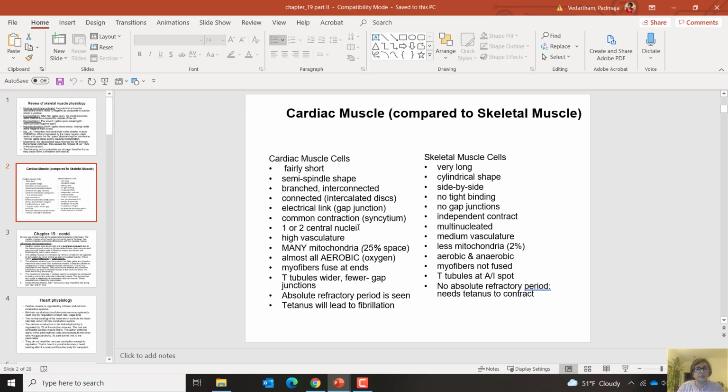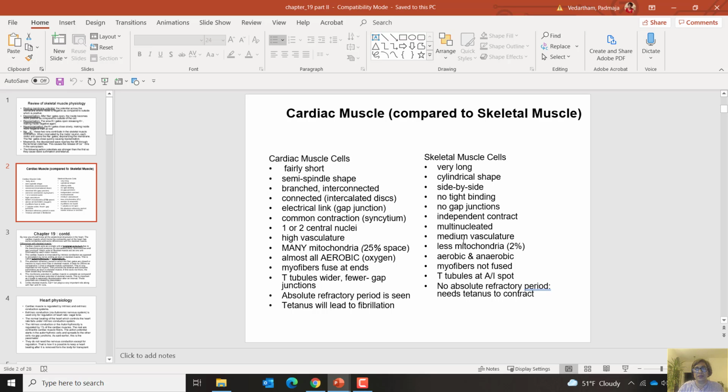Cardiac cells have 1 to 2 central nuclei, while skeletal muscle is multinucleated. Cardiac muscle is highly vascular, meaning that every cell has to have an oxygen supply at all times. Whereas in skeletal muscle we don't need that vasculature, because skeletal muscles can contract anaerobically as well.